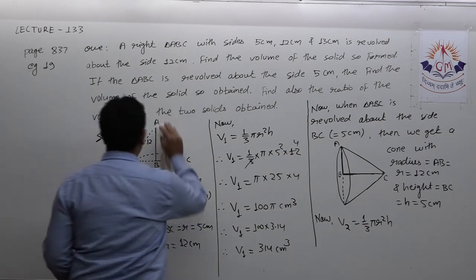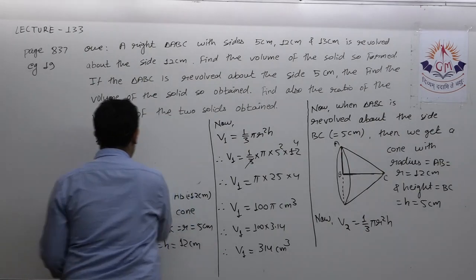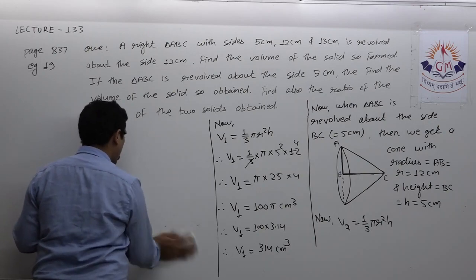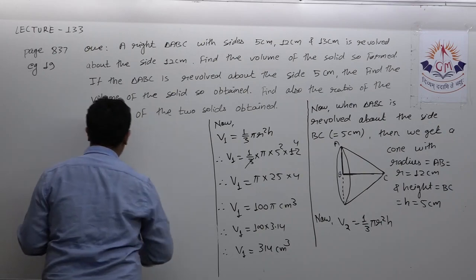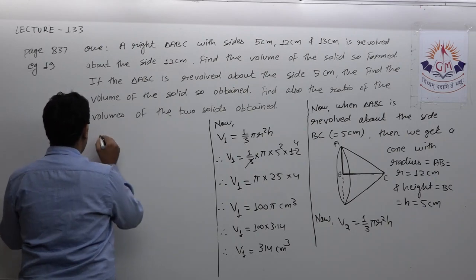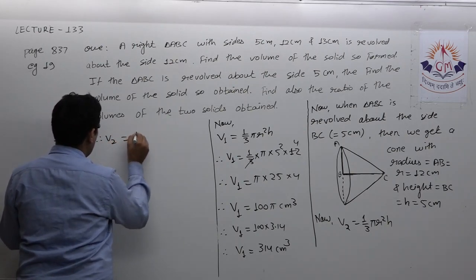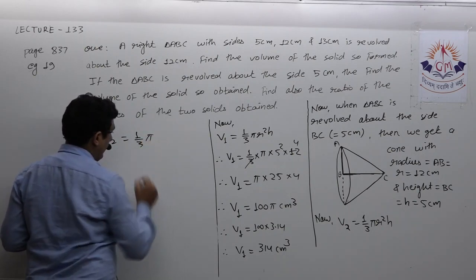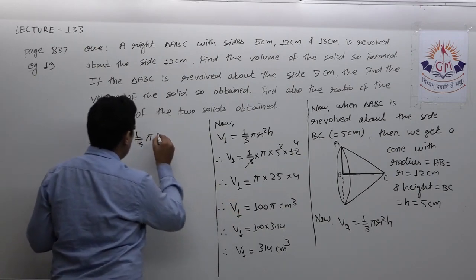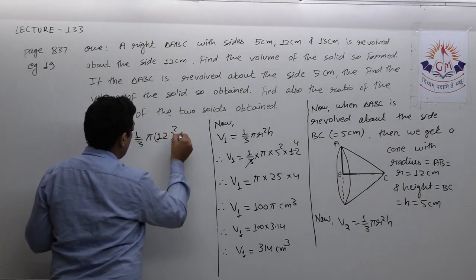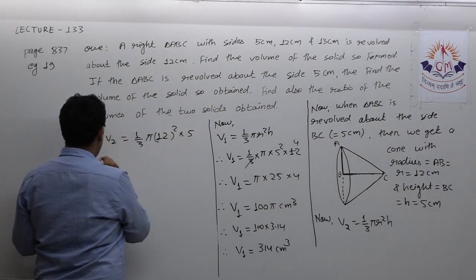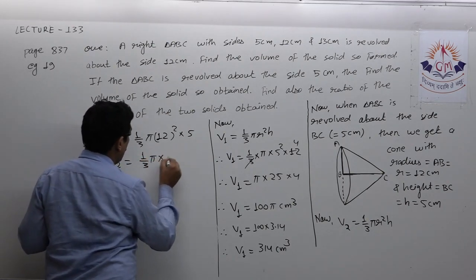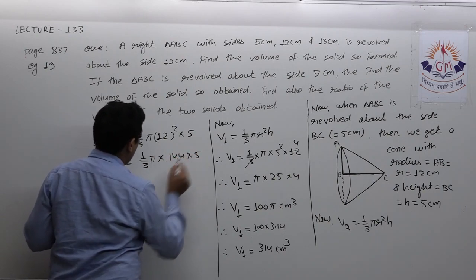Okay, so let us see how to solve it further. Now we'll find V2, and ultimately finally we have to find V1 is to V2. So V2 is equal to 1 by 3 pi R square. Here R is 12, so 12 square into H is 5. Therefore V2 is equal to 1 by 3 pi 144 multiplied by 5.